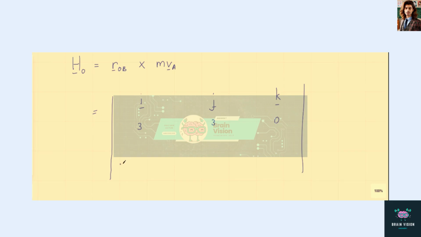For m VA, the i component is 3 times 6 over the square root of 25.25, the j component is 3 times 27 over the square root of 25.25, and the k component is 3 times minus 12 over the square root of 25.25.